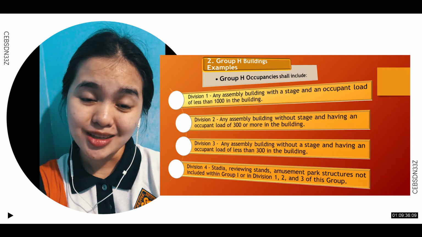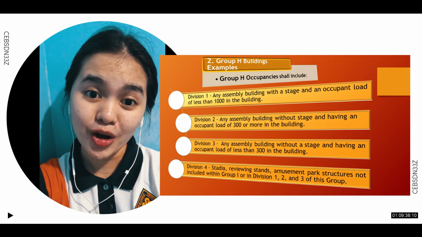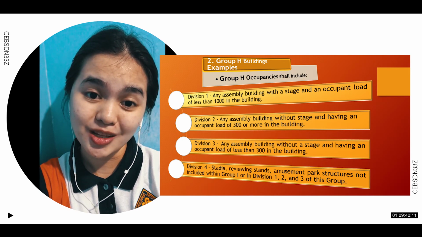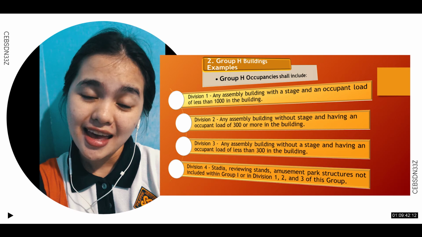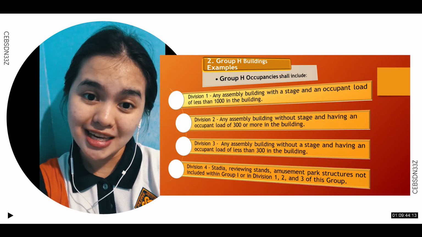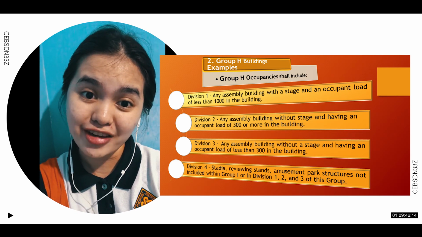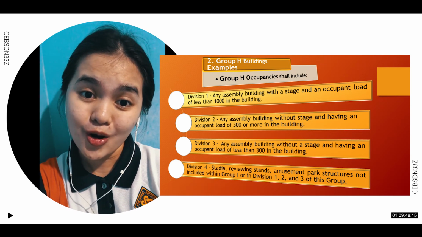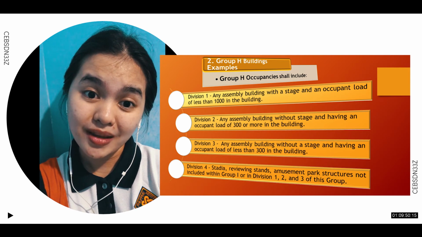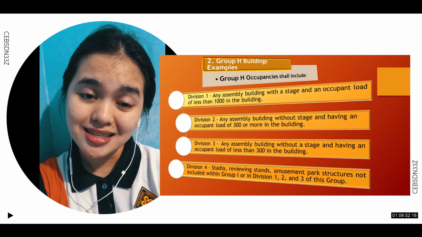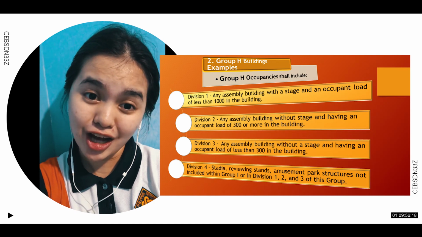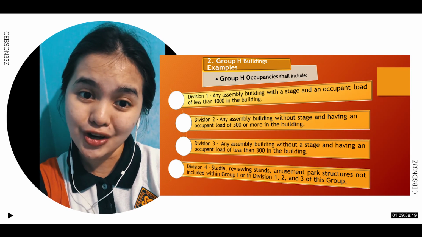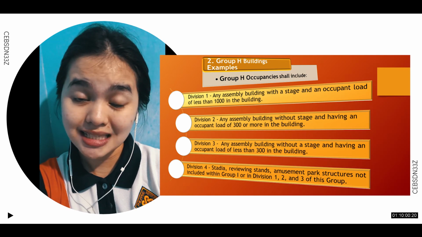Division 1 is with stage having occupant loads of less than 1,000 in the building, and Division 2 is without stage having 300 or more occupant loads in the building, and Division 3 is without stage having an occupant load of less than 300 in the building.